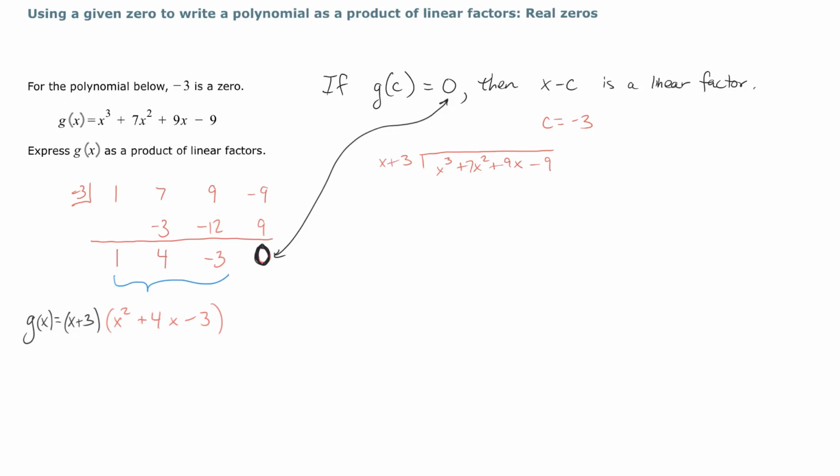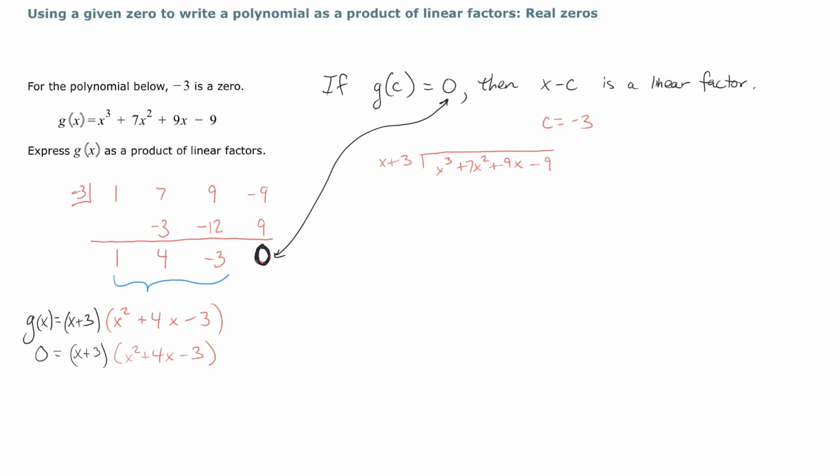And we want this in terms of linear factors. We now need to break this quadratic expression into 2 linear factors. Remember that -3 is a 0, so we're going to take advantage of that. I'm going to put a 0 here, and we're going to solve this equation.